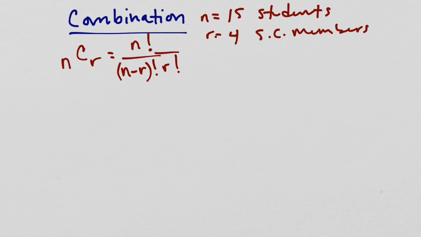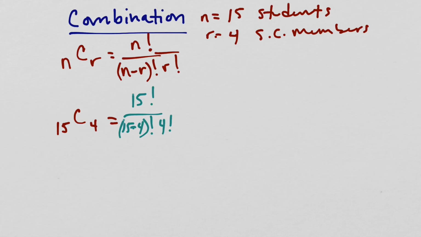Our formula is 15, and then we are choosing as a combination 4 of those students. So we go into our formula. Again, we have 15 factorial. This time we have 15 minus 4 factorial, and then 4 factorial.